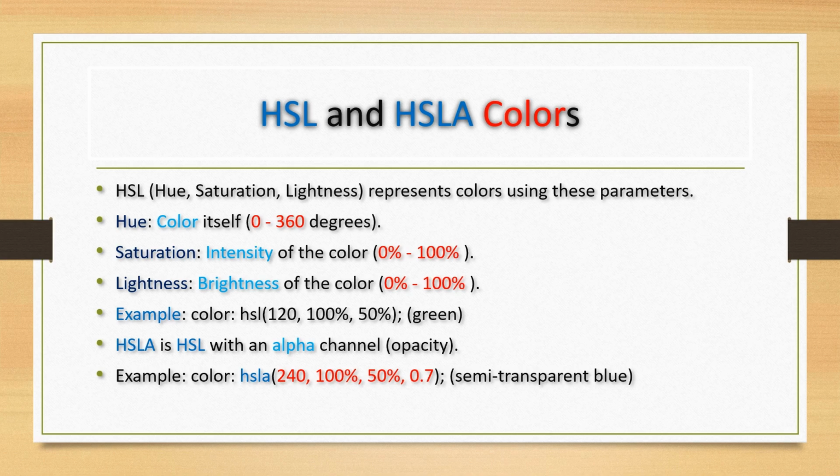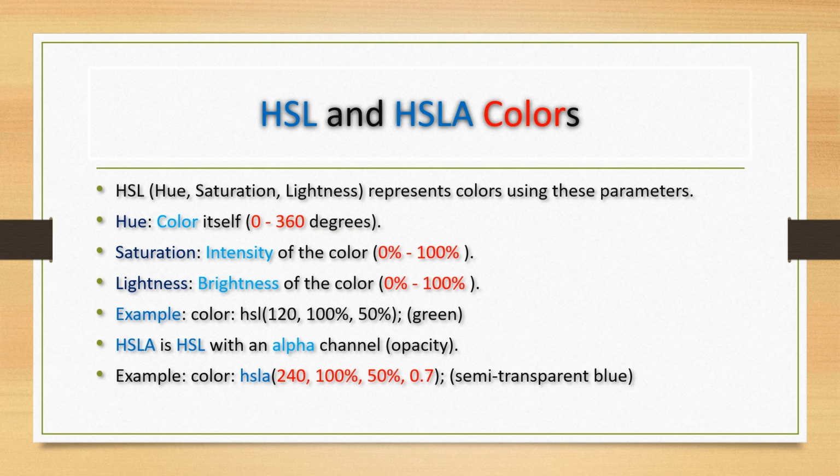HSL and HSLA colors. HSL, hue, saturation, lightness, represents colors using these parameters. Hue is the color itself, 0 to 360 degrees. Saturation is the intensity of the color, 0% to 100%. Lightness is the brightness of the color, 0% to 100%.